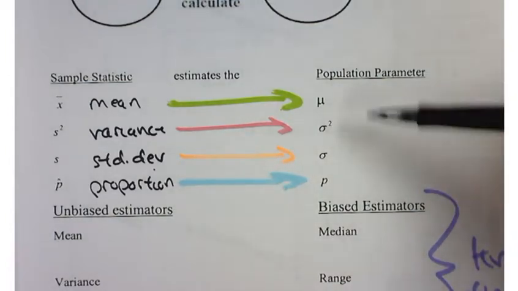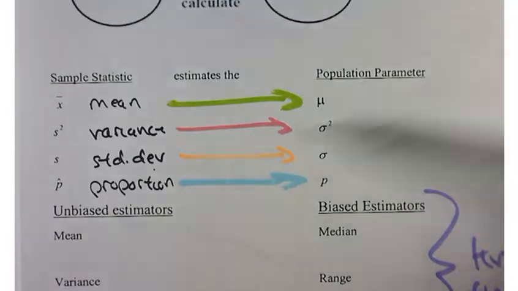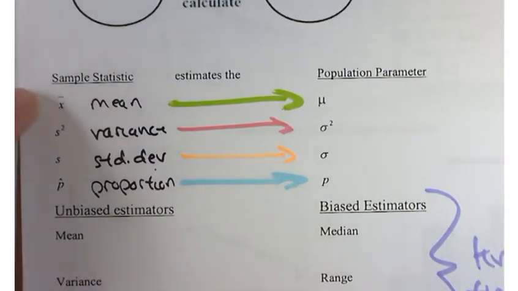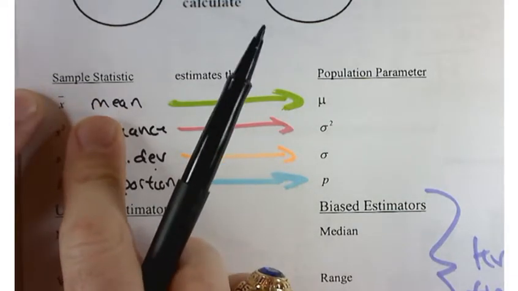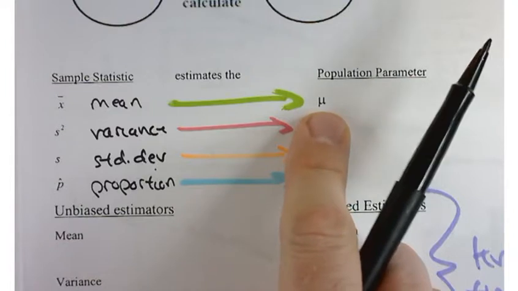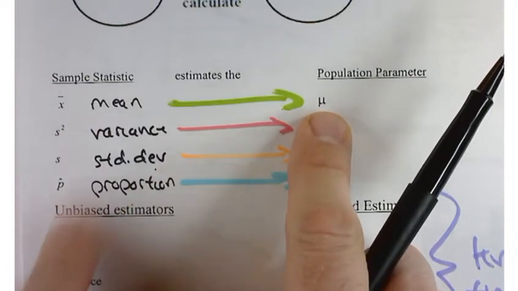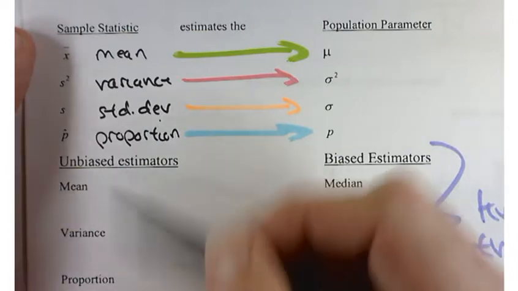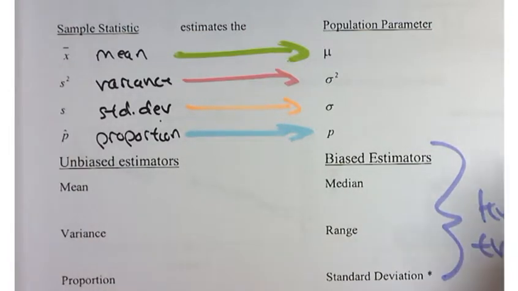It's probably not going to be the exact thing, though, so you have to take that into account. On average, the sample mean is going to lead you to the right answer. It may not in any particular case, but on average it'll do well. That makes it an unbiased estimator, along with the variance and population proportion.